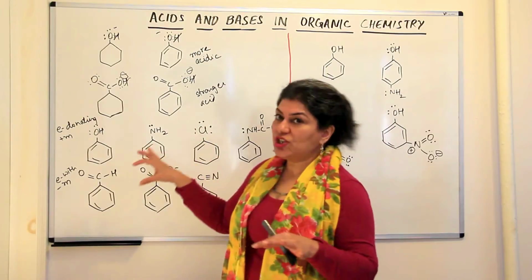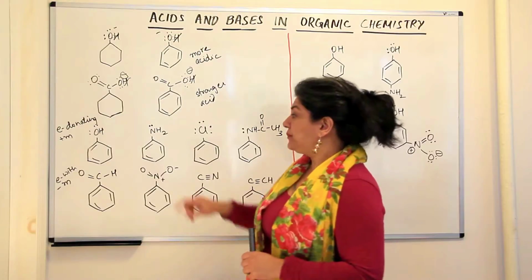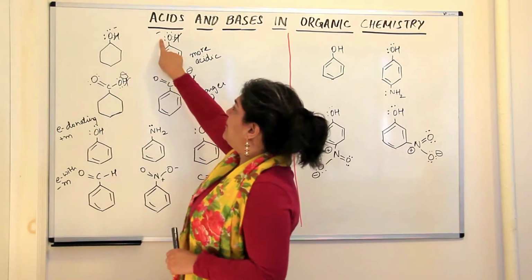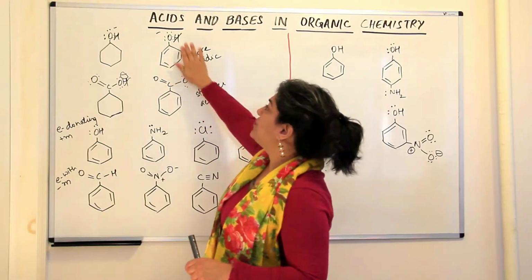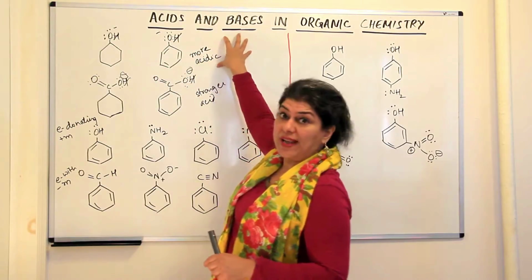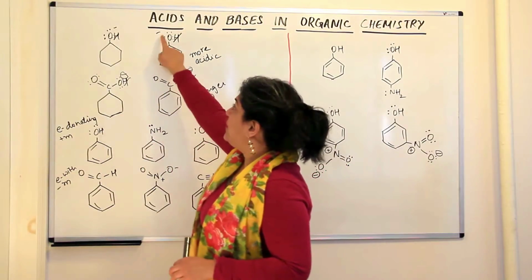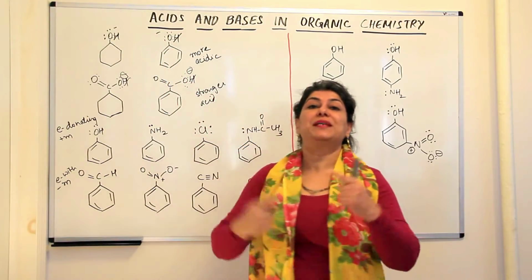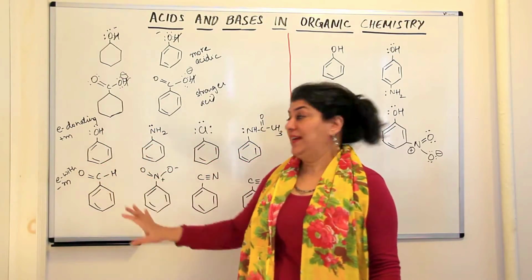The presence of such groups affects the acidity or basicity of the compound. As you saw here, if the lone pair of electrons participates in the benzene ring, it provides more stability and therefore this is more acidic. Phenol is a decent acid because of these electrons participating in resonance, and this effect is known as the mesomeric effect.